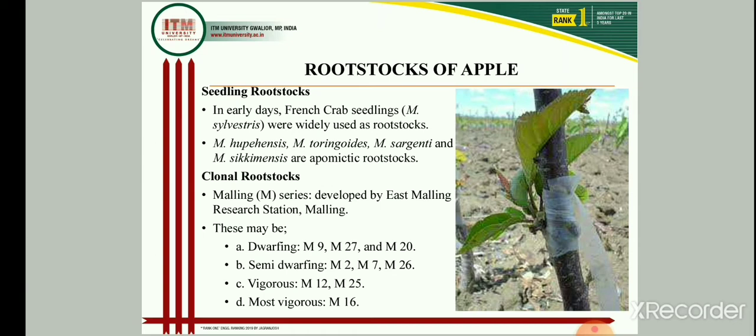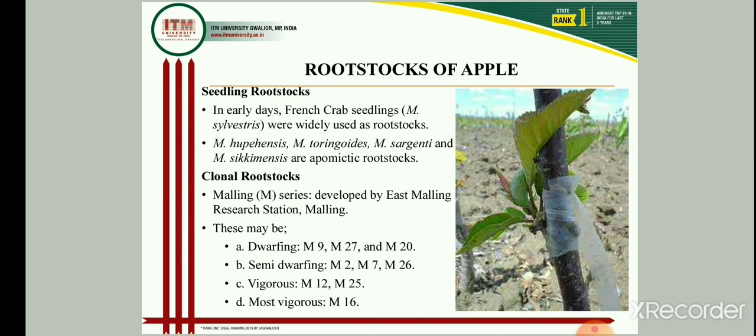The clonal rootstock, the research on clonal rootstock was started, and after the successful research at the East Malling Research Station, a series of clonal rootstocks have been developed, which are called the Malling series.